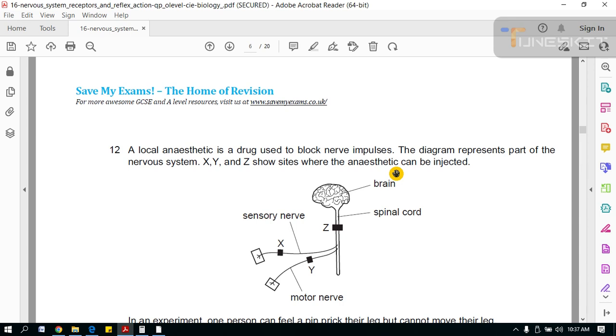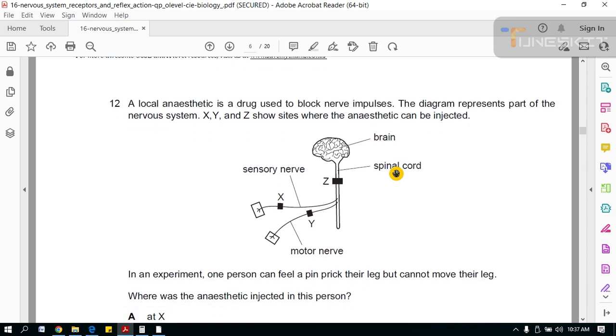So the local anesthetic is a drug used to block the nerve impulses. The diagram represents the part of the nervous system, and X, Y, Z show sites where the anesthetic can be injected. So here you have a brain, sensory neuron, spinal cord. You should focus on X, Y and Z. X is labeled here as sensory neuron, and Y is a motor neuron nerve.